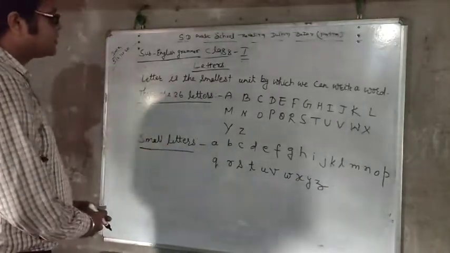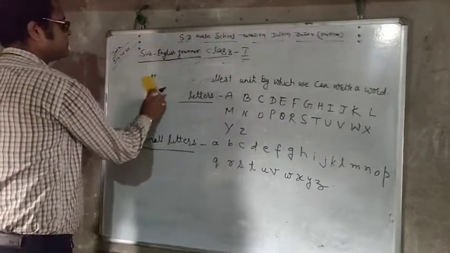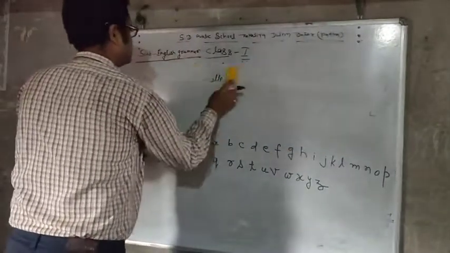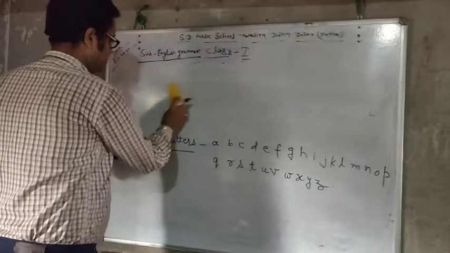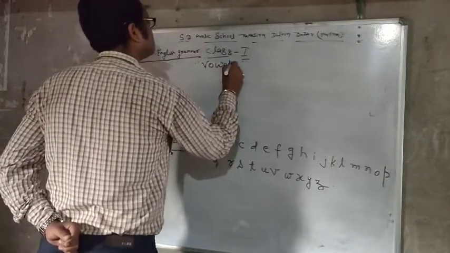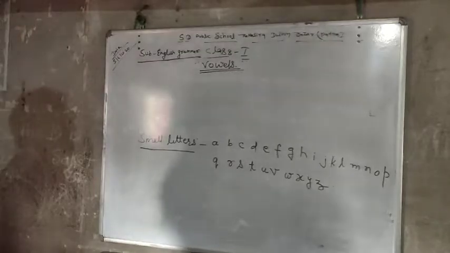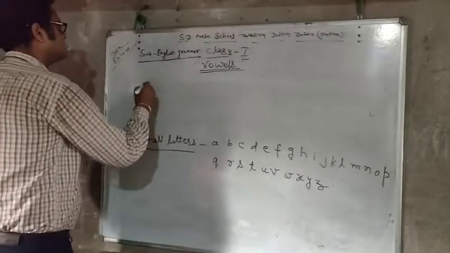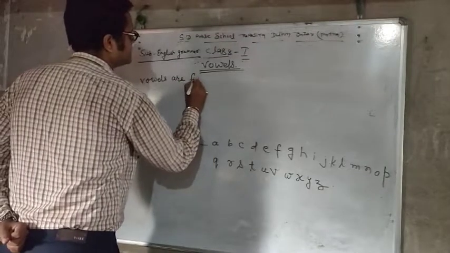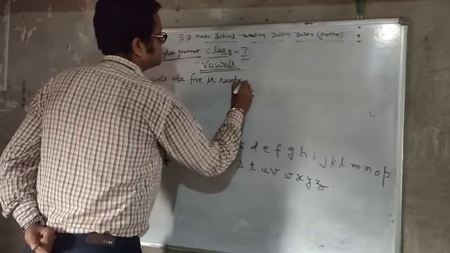Next topic is vowels. What is a vowel? Vowels are 5 in number.